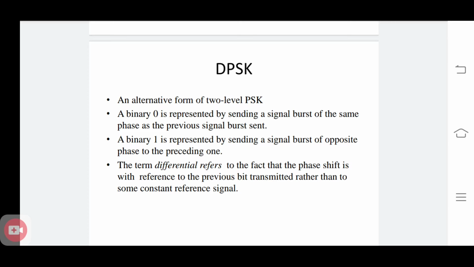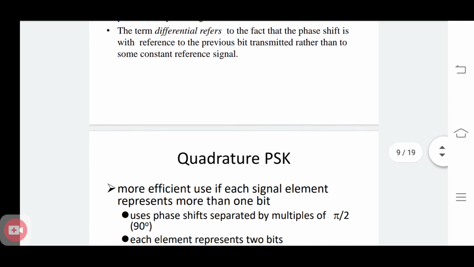So actually this differential means we are using the phase shift with respect to the previous transmission. Okay, for representing binary 0 we use the same phase as the previous signal, but for representing binary 1 we use the opposite phase to the preceding one. That is differential PSK.